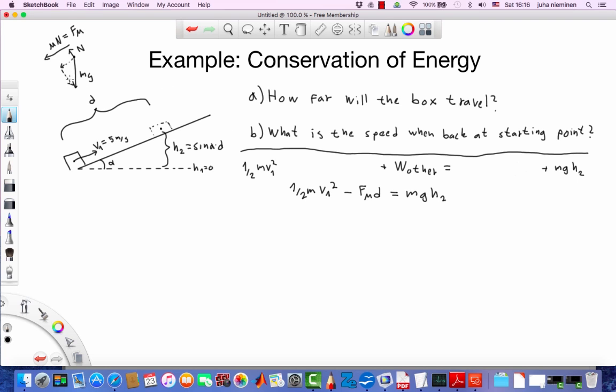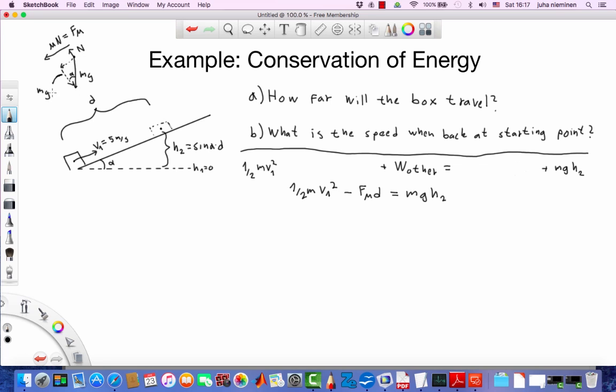And we have the same angle alpha here due to the incline. And from this relationship, we are interested in the perpendicular component of gravity.